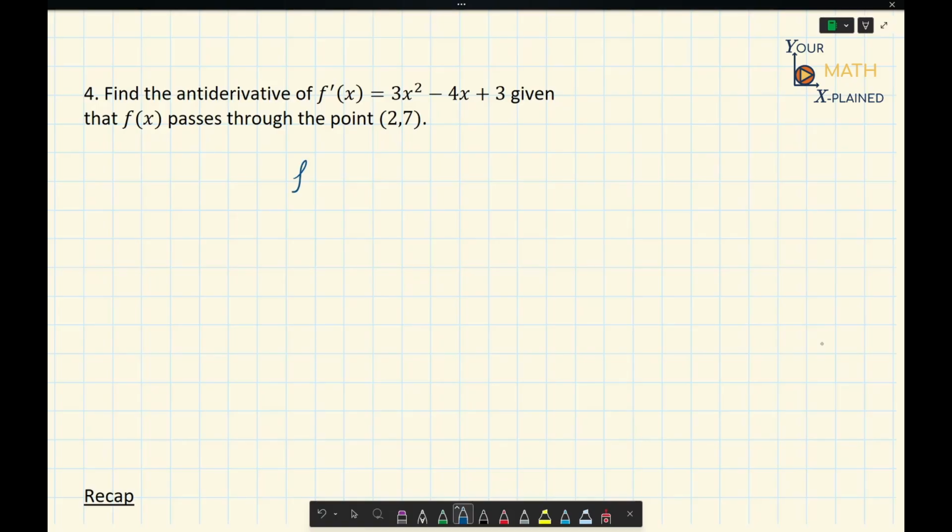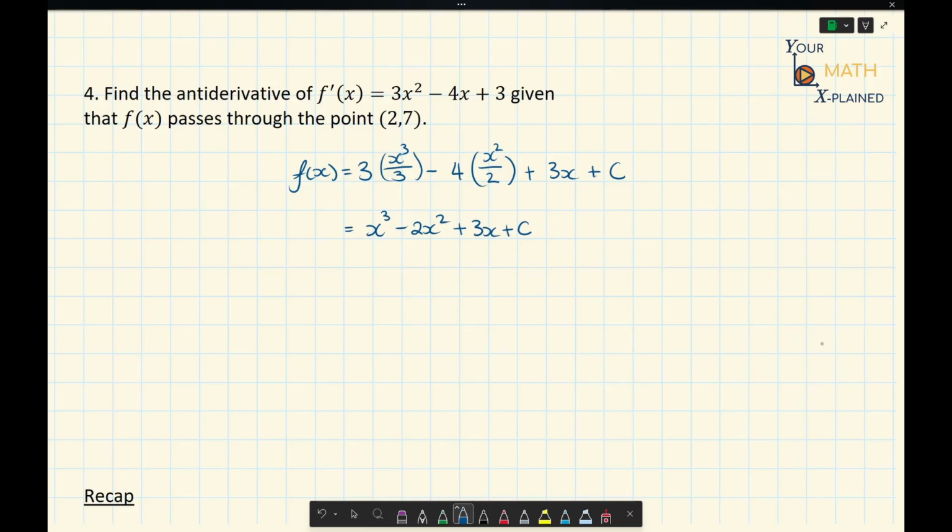So we get f of x is equal to 3 times x to the power of 3 over 3 minus 4 times x to the power of 2 over 2 plus 3 times x plus c. And then we're just going to simplify this a little bit. So this becomes x cubed minus 2x squared plus 3x plus c.